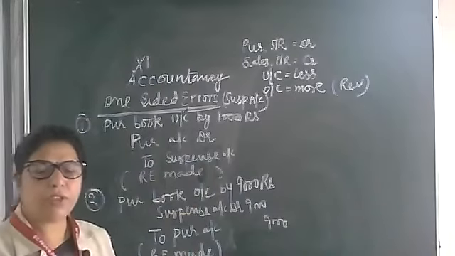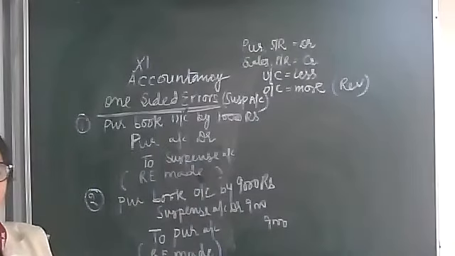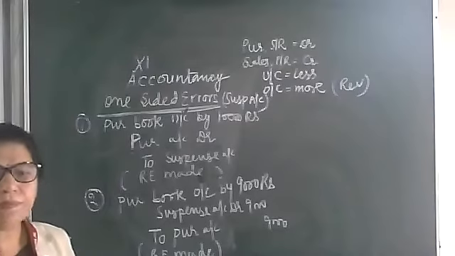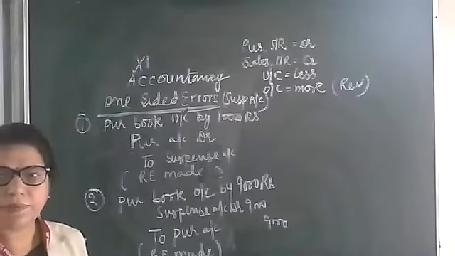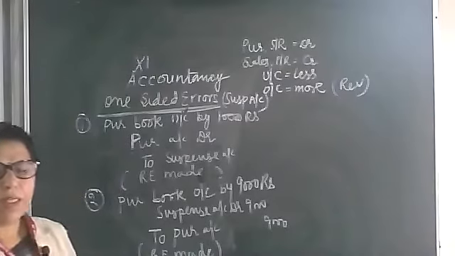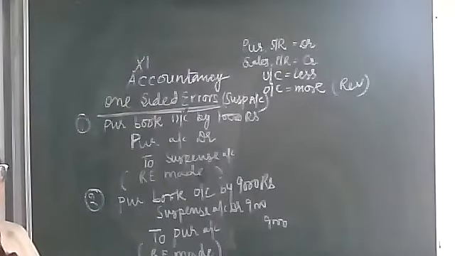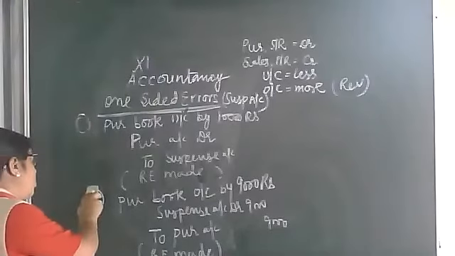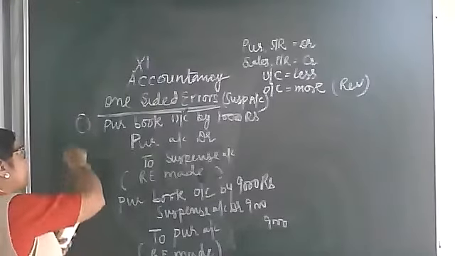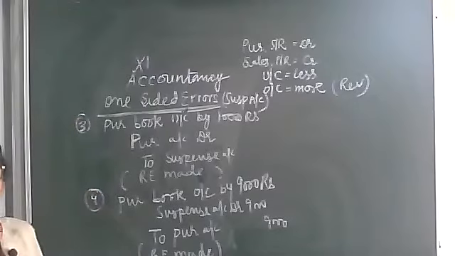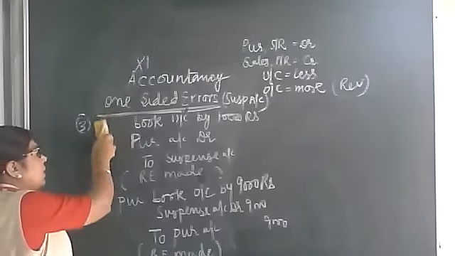Now, my dear children, we are moving towards the next entry, that is sales. Please note down these two entries, then we will move towards the next, third and fourth situation.